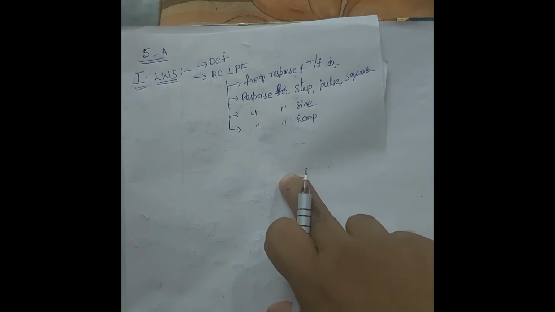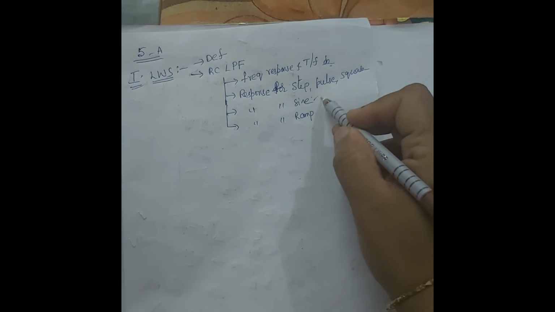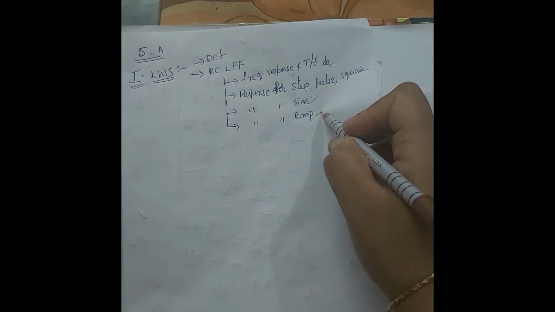Okay, so these will be step, pulse, square, sine, ramp. Those will be the inputs for our RC low pass filter, and then we are going to analyze this.